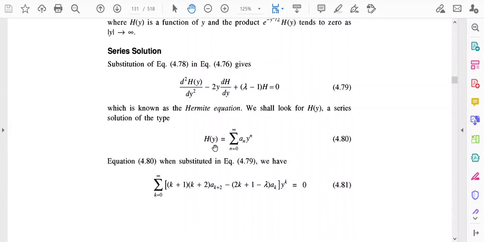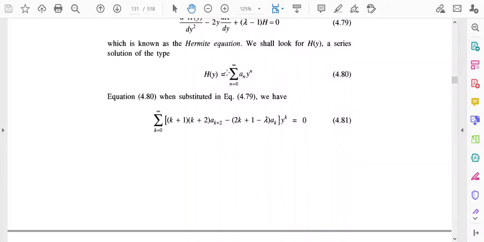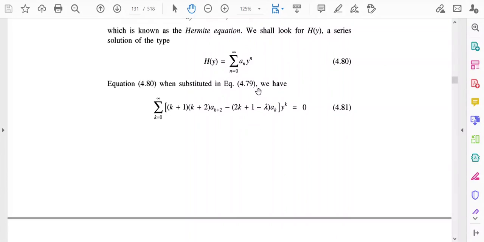So if this is h(y), then what you have to find? At first you have to find dh/dy. Next you have to find d²h/dy², and you have to substitute the values of h, dh/dy and d²h/dy² in equation 4.79. After the substitution and some simplification, those steps we are not mentioning here, and I expect that you already know the series solution method.